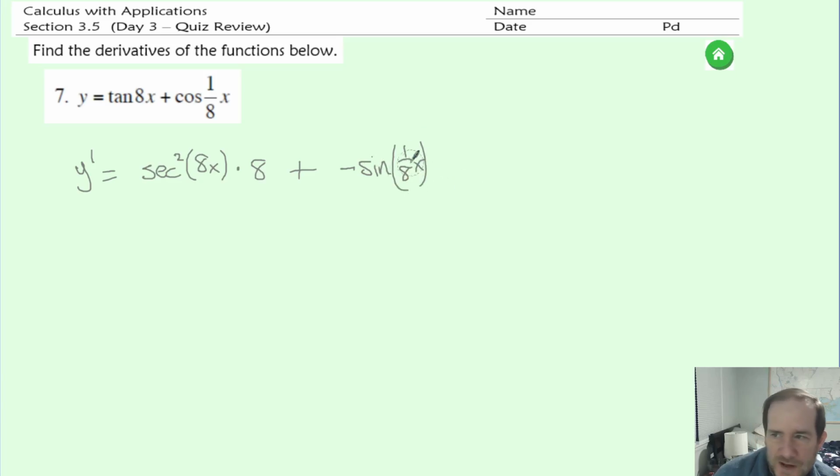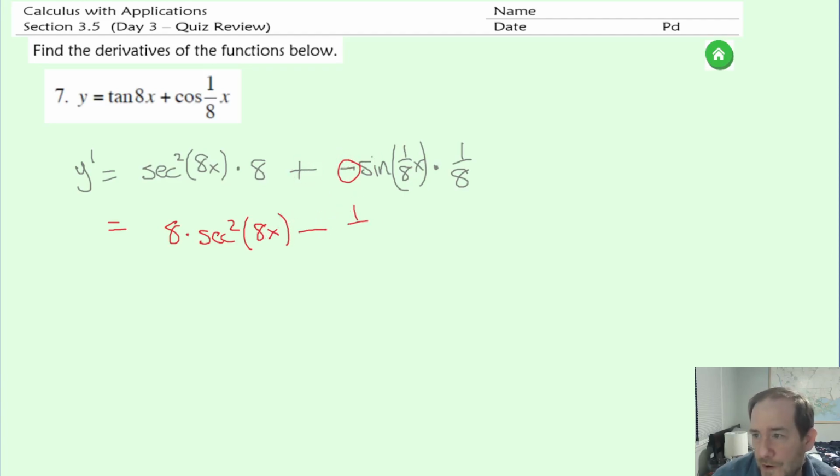And then chain rule out the derivative of the inside function, which is 1/8. And then clean this up. We'll put 8 on this as a coefficient, so it's 8 times secant squared of 8x. Then we're adding a negative, so it just becomes minus 1/8 of the sine of 1/8 x. I don't know why I did parentheses there.